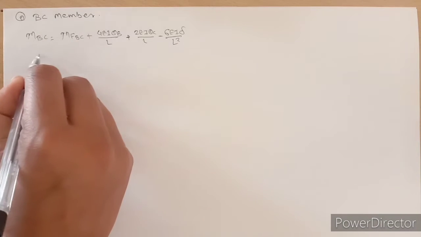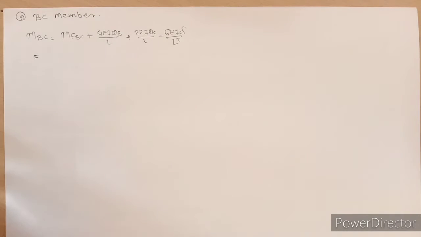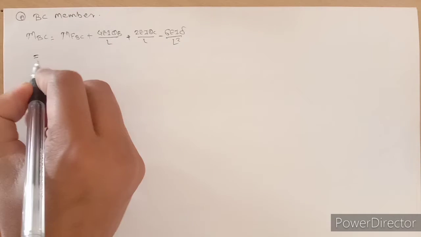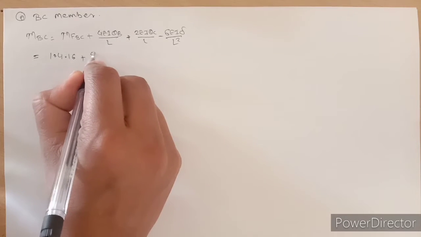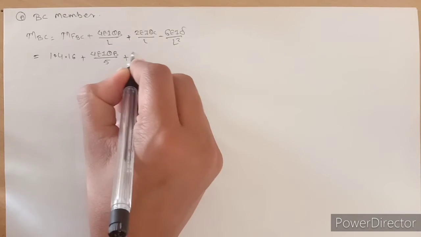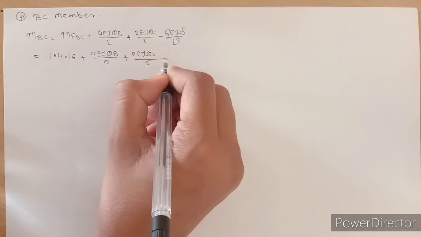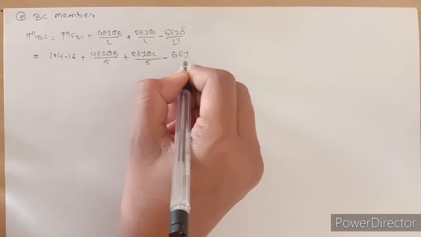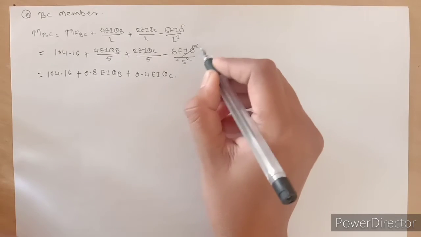Here the fixed moment at BC is 104.16, with length 5 meter, and the delta term is equal to 0.